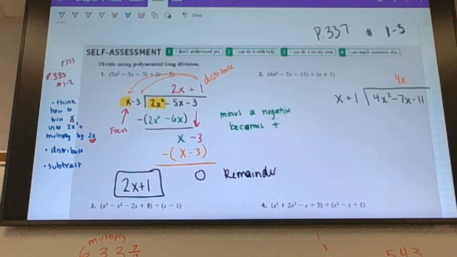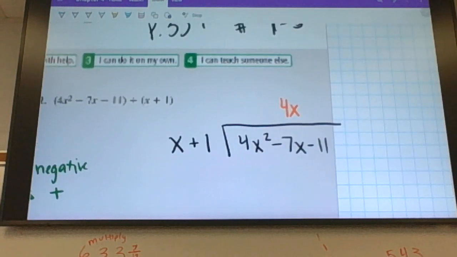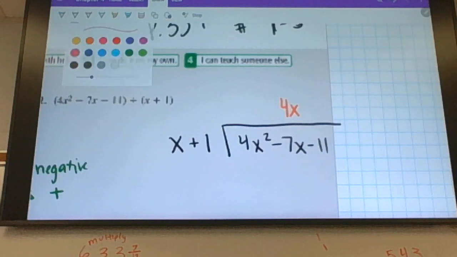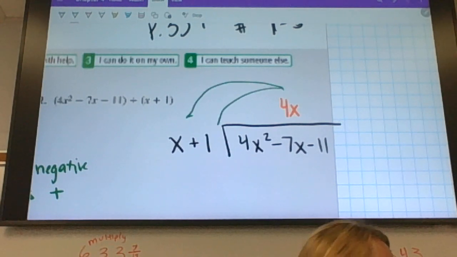You put x on top. x times x. No, it's x. Not yet, not yet. All right, does anybody have a question about why I picked 4?